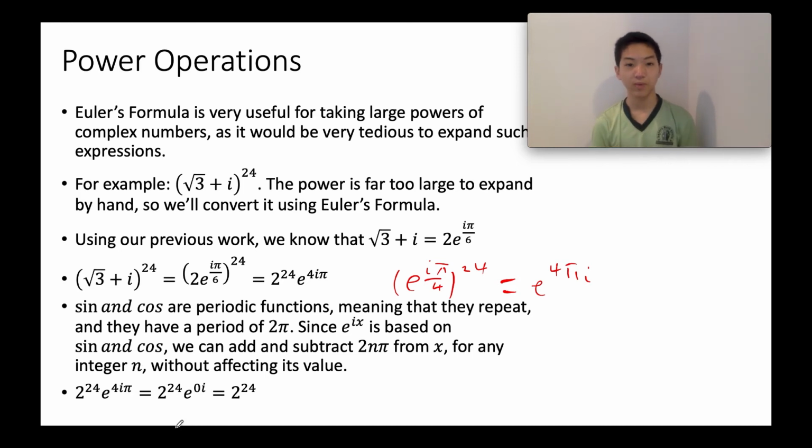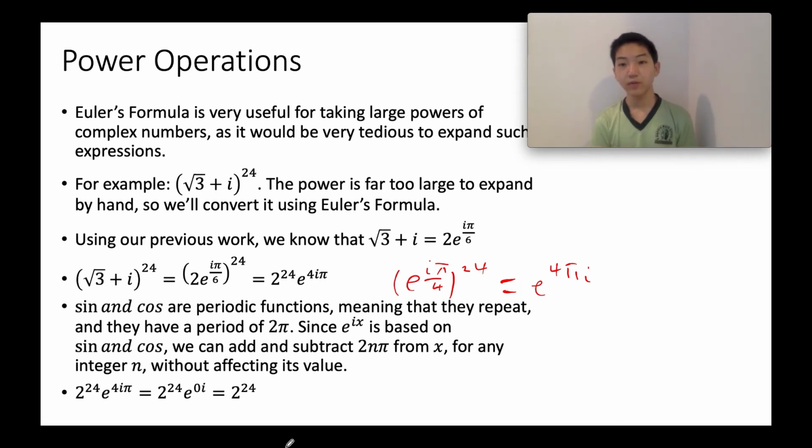Because once again, remember that you can add and subtract 2 pi however many times you want from the measure of an angle. And that's what the 4 pi represents, the measure of an angle. And then we get e to the 0i. Well, anything times 0i is just 0, and anything to the 0 power is equal to 1. So that's equal to 2 to the 24th.